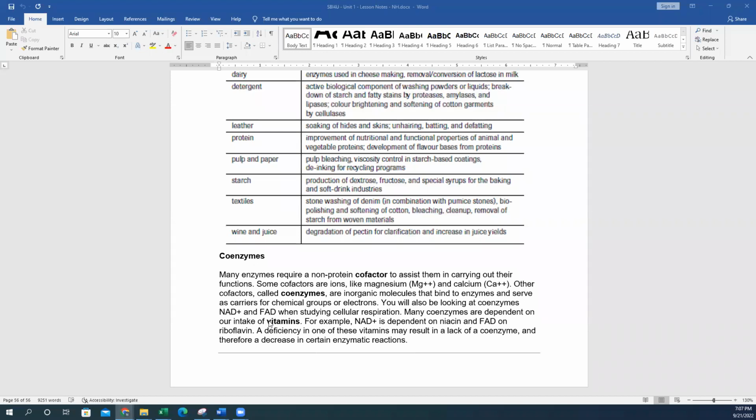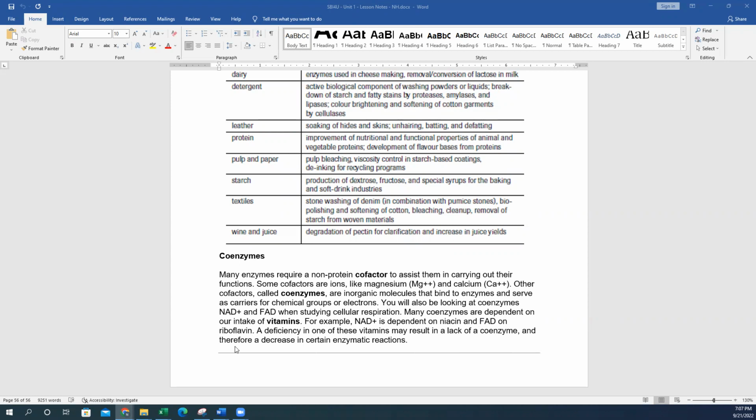Many coenzymes depend on our intake of vitamins. For example, NAD+ is dependent on the vitamin niacin, and FAD is dependent on the vitamin riboflavin.